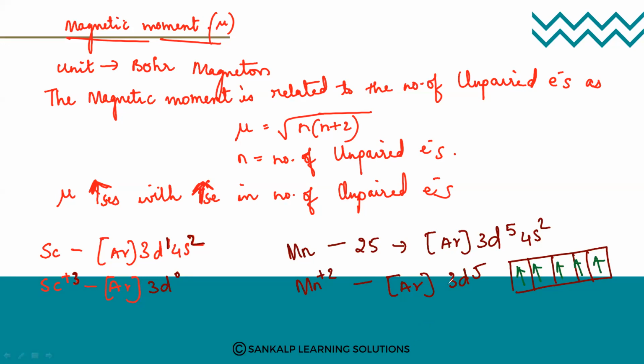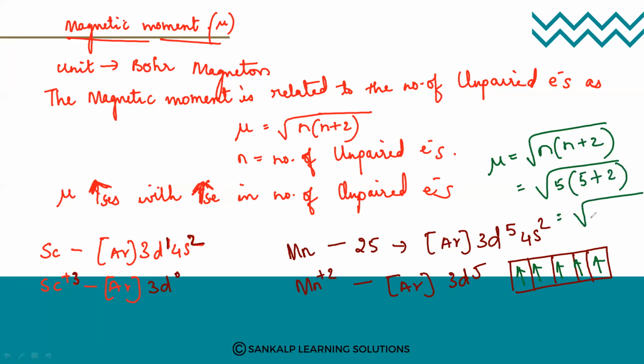Now we will use this formula: mu is equal to root of n into n plus 2. Now how many unpaired electrons are there? 1, 2, 3, 4, 5. So 5 into 5 plus 2, which is 5 into 7, 35.